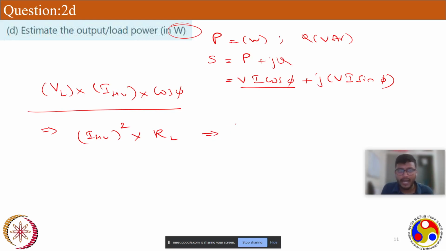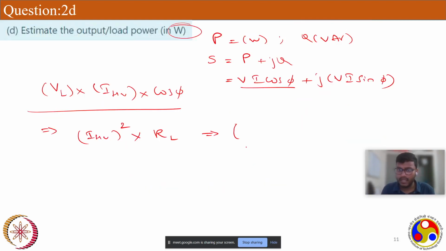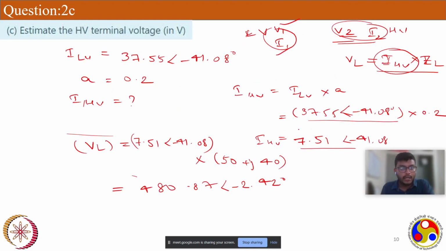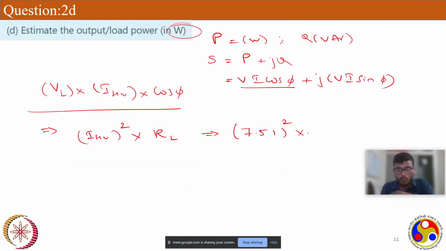So because we already calculated the HV side current, how much did we get? Yeah, 7.51. We are taking the magnitude only. 7.51 square multiplied by RL. What is the real component in load? It's 50 plus j40, and 50 is the resistive element.